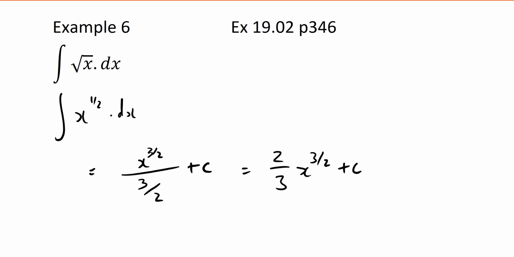No, it's 2/3, because you are dividing by 3 over 2. What is 1 divided by 3 over 2? Dividing by a fraction, what are you doing? You times by the inverse. So it's 1 times 2 over 3. You flip that second fraction and you multiply.